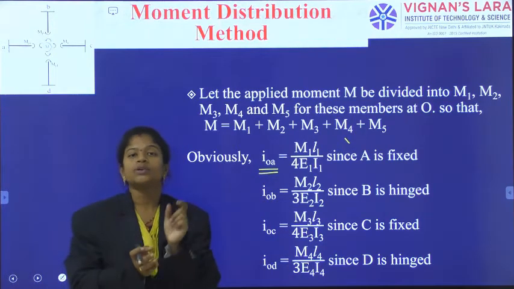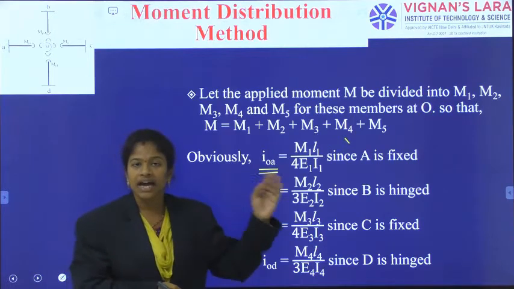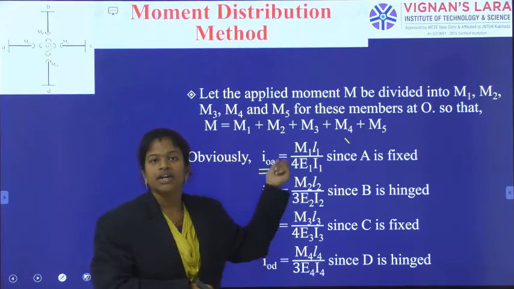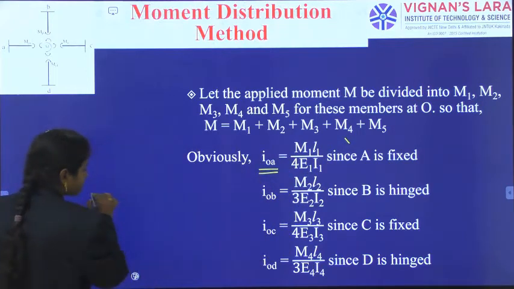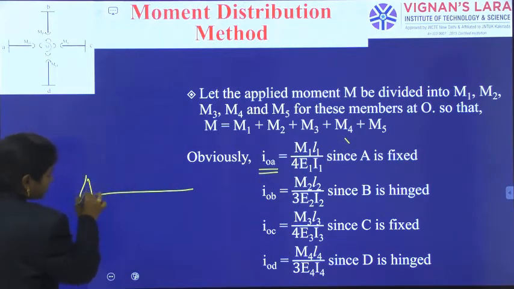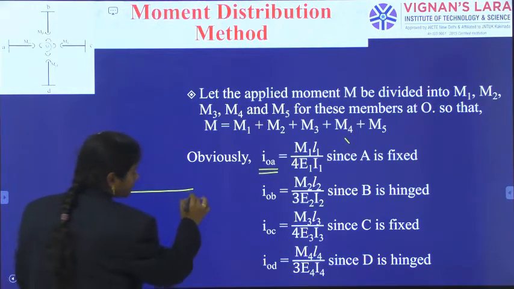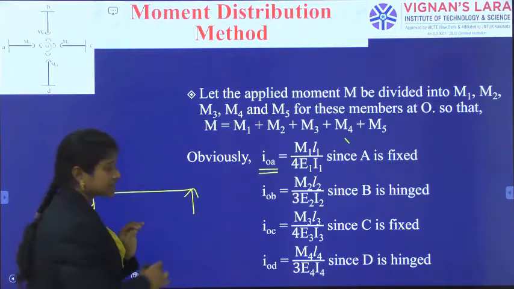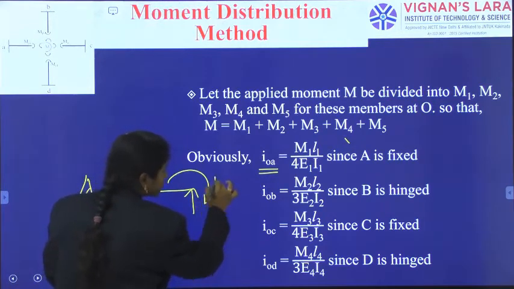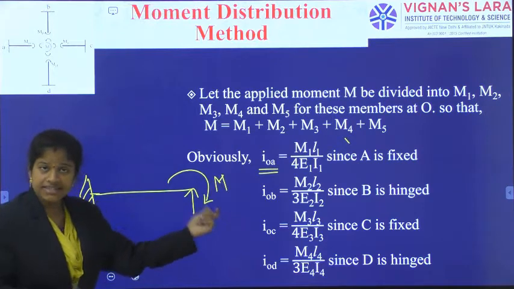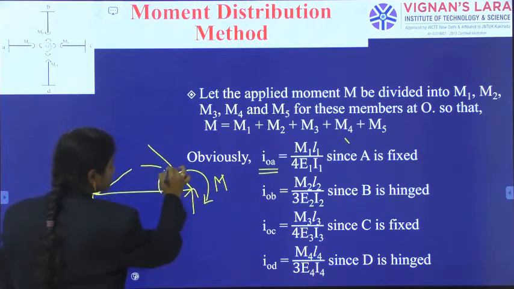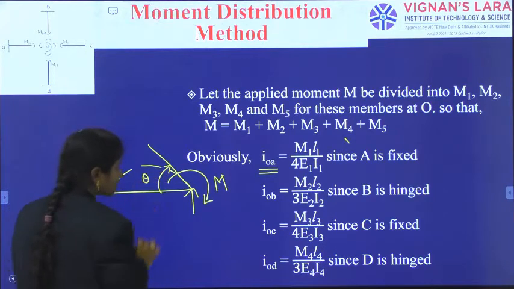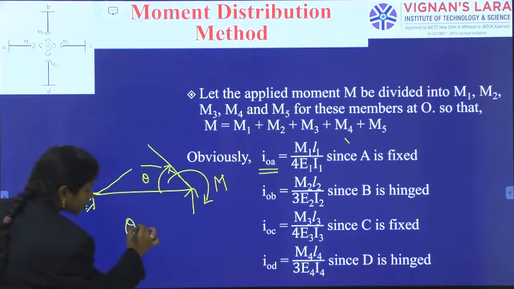These slopes we have already calculated in the previous class. Before entering into the stiffness of the particular member, we have given the slope of the particular member due to the application of moment M. Take a member which is fixed at the farther end and is subjected to a moment M. For this member, what is the value of this theta?